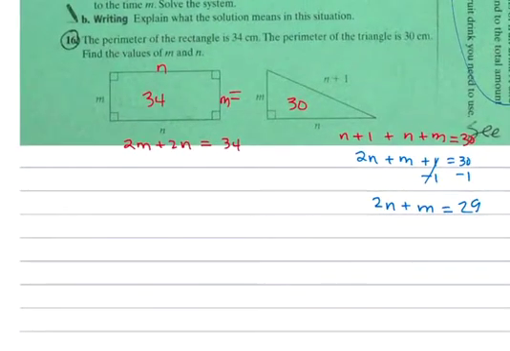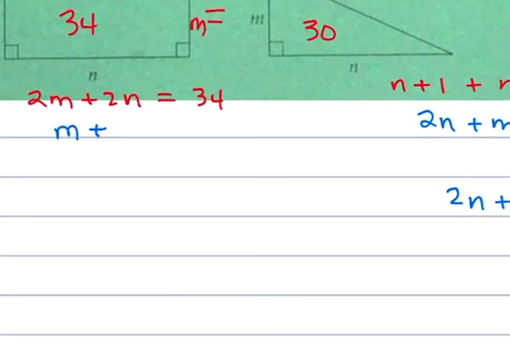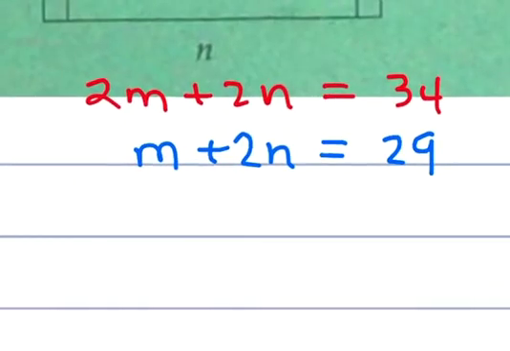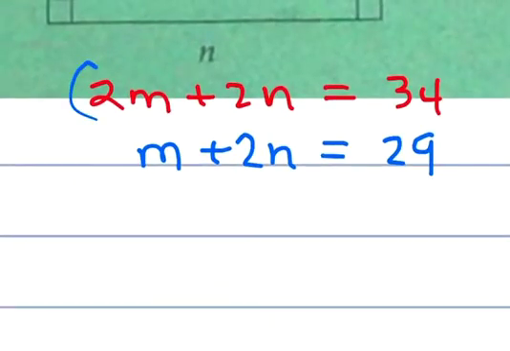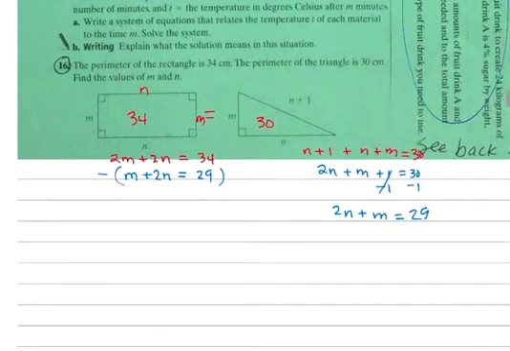So I would put that in here. m plus 2n equals 29. I would use elimination, right? I'd multiply this by a negative. Use elimination and then find n and then find m. Okay, I'll let you guys do that one.